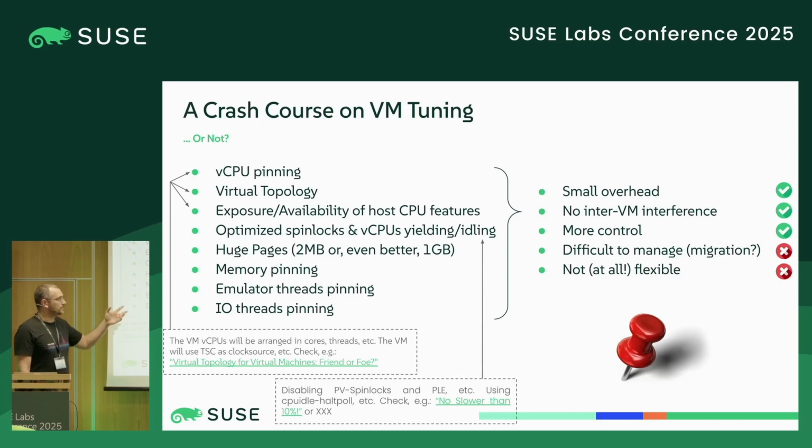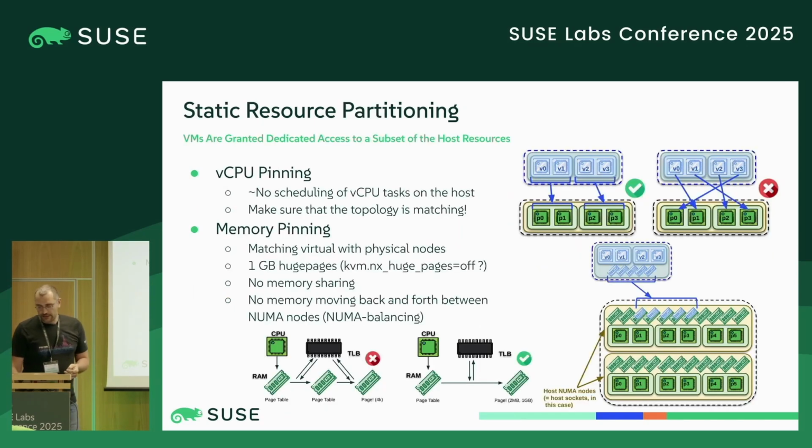But this comes at the cost of more difficult and cumbersome management, because we have to decide and then specify all these things manually, and also at the cost of some of the flexibility that virtualization usually provides. So the ability of having a VM run on a bunch of different hosts without having to worry about these things, which functionally remains the same, but doesn't get the performance improvements, of course.